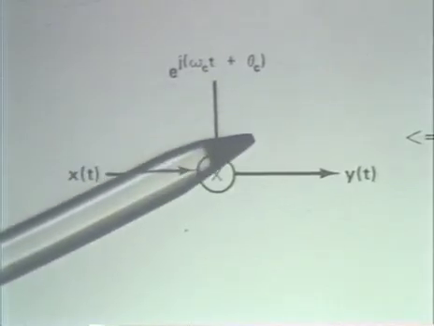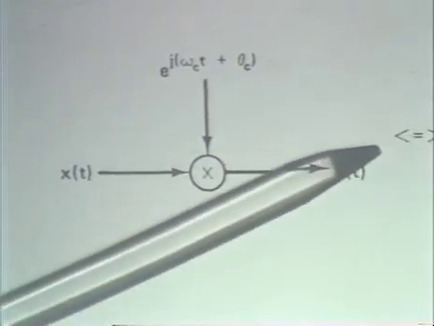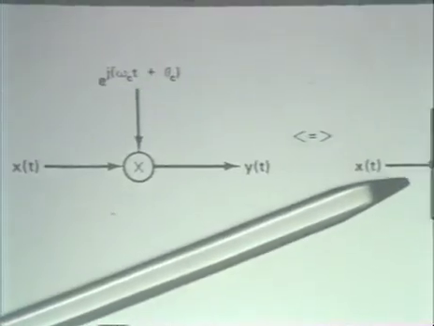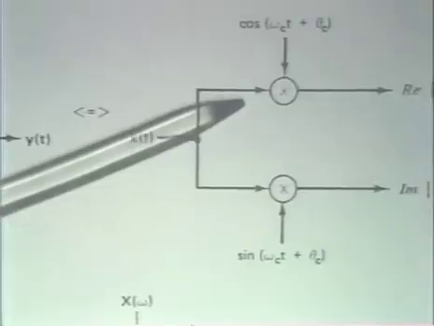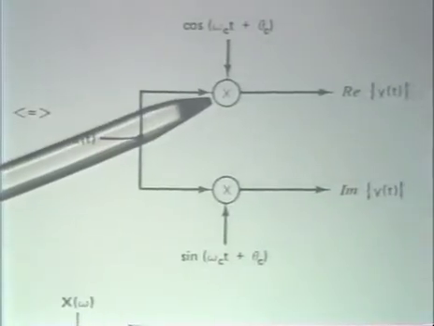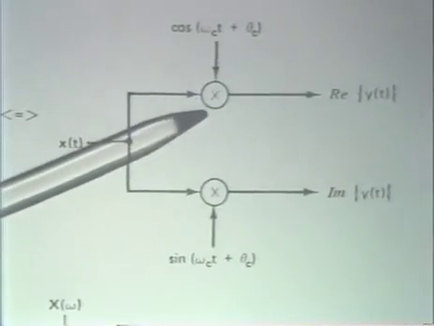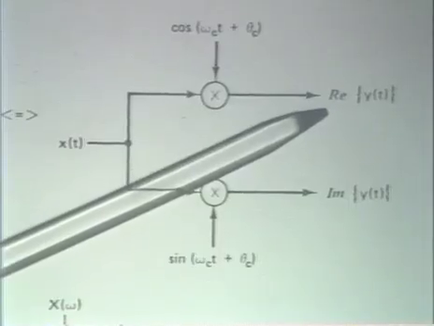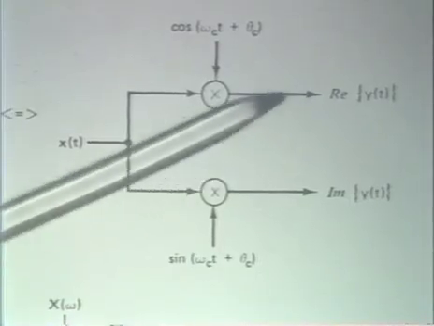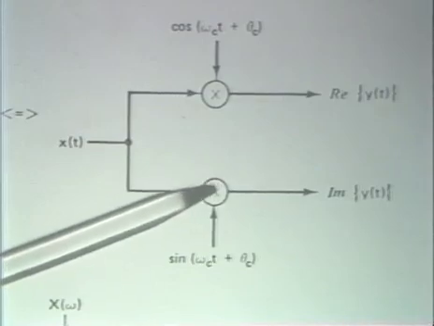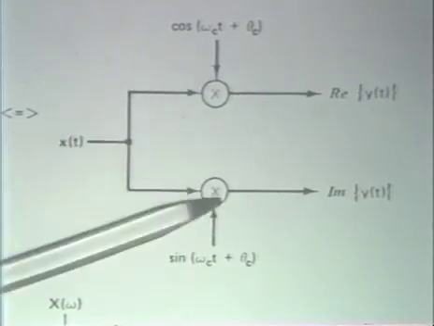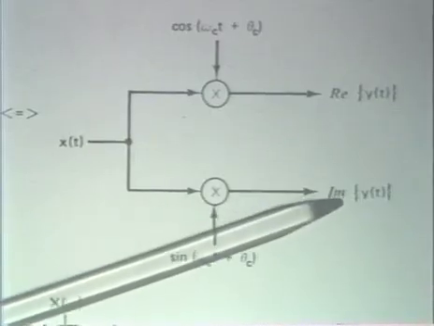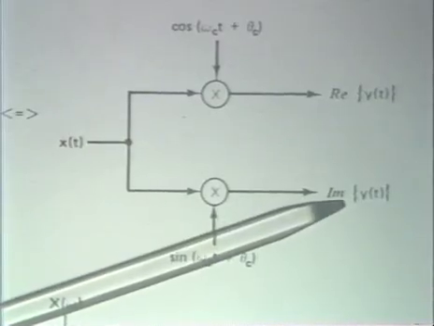And so what that means in terms of an implementation, equivalently, is modulating x of t onto a cosine carrier, and that then gives us the real part of the complex output, and modulating it onto a sinusoidal carrier, these two being 90 degrees out of phase, and that gives us the imaginary part.